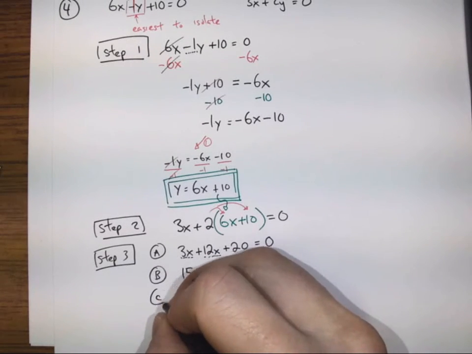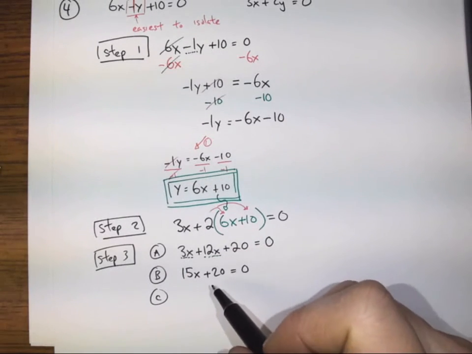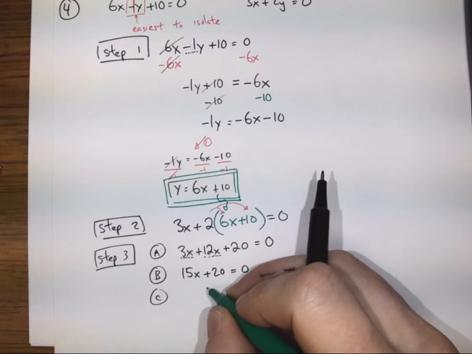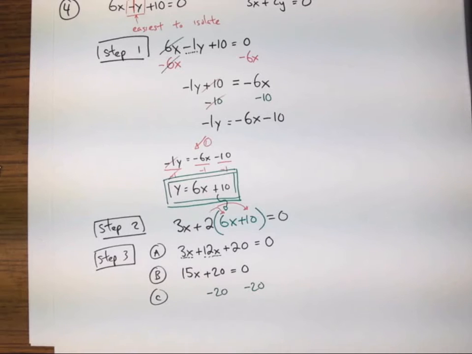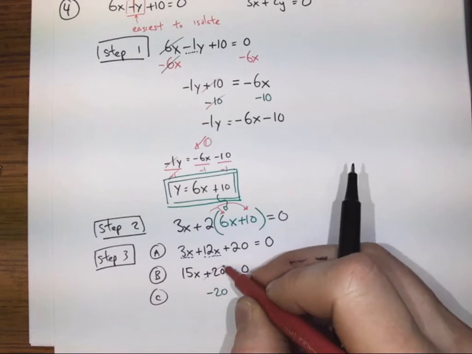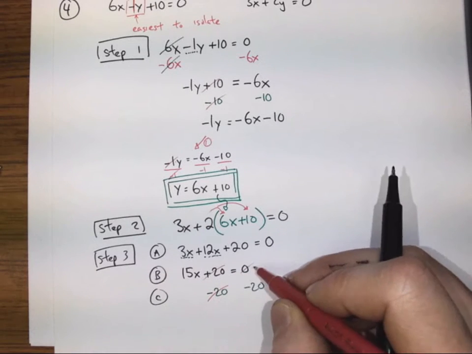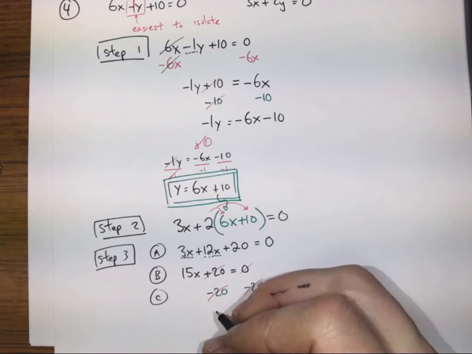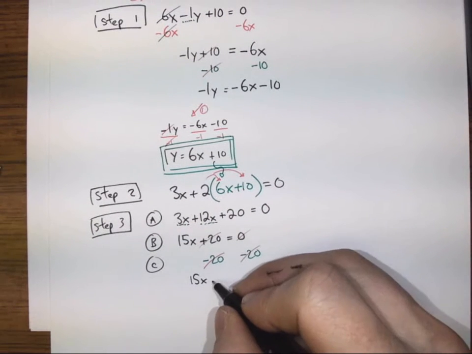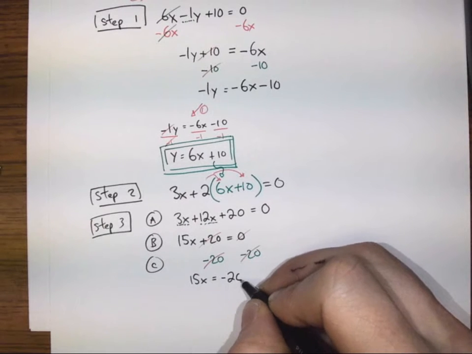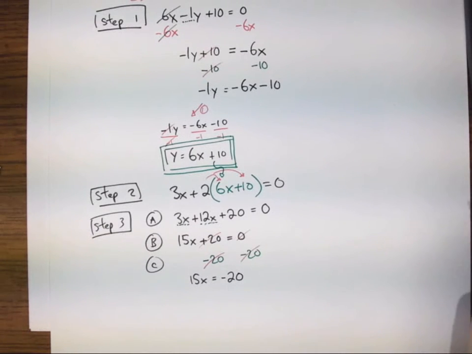Step 3 is we're going to deal with any adding and subtracting. First, we're going to take away this 20 from both sides of the equation. So we will take away 20, take away 20. That has the effect of canceling out these 20s. And so then we get 15x on the left and 0 minus 20, or negative 20, on the right.